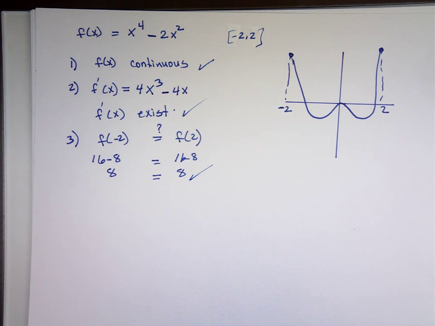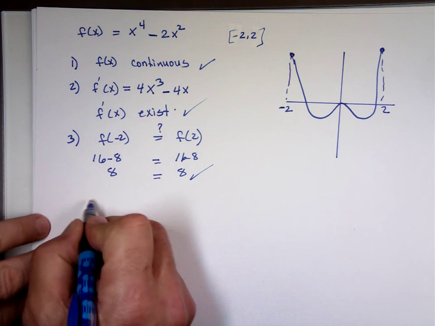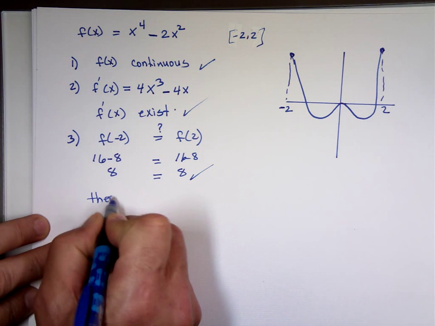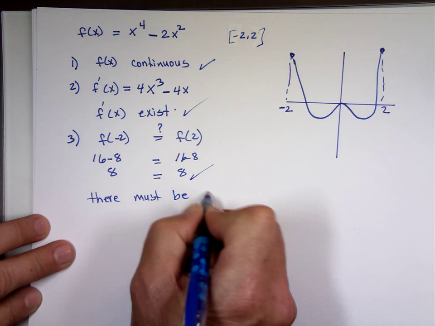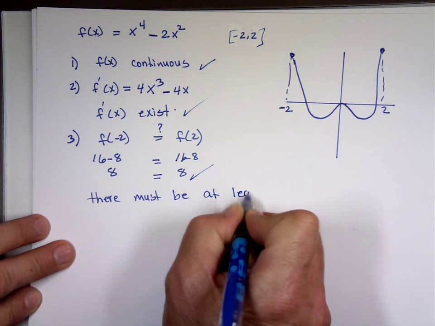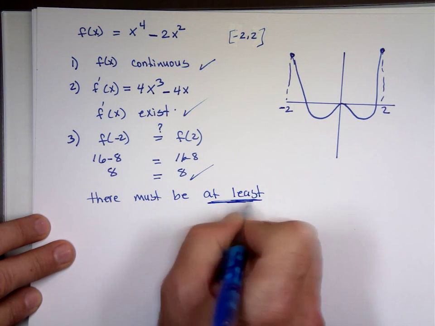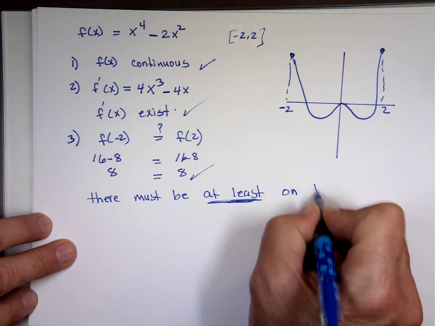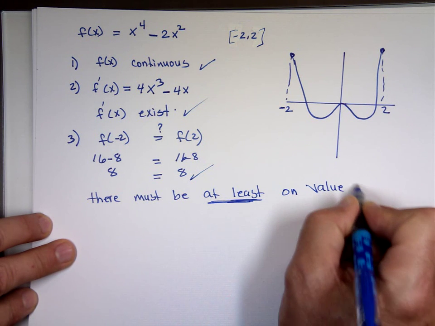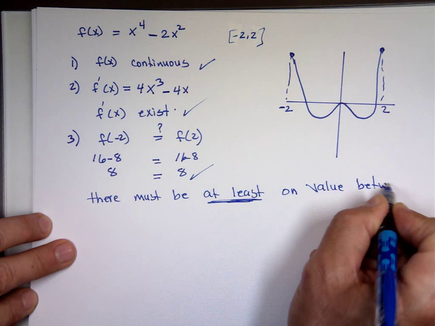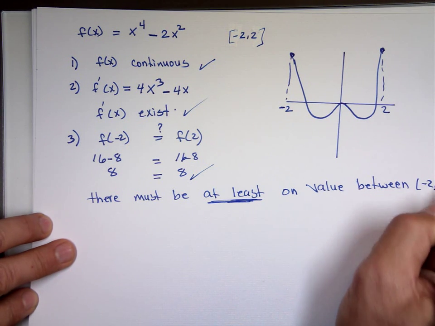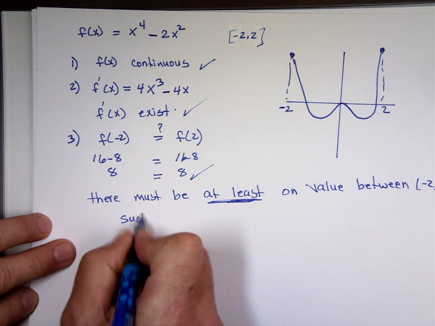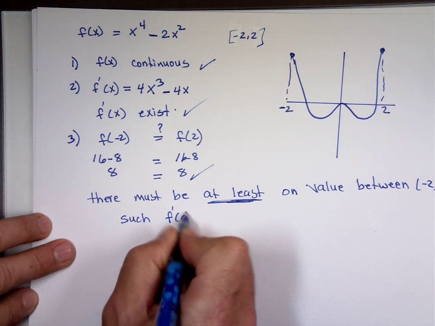So since the three conditions are good, what they're saying is there must be at least one, could be more than one, value between negative 2 and 2 such that the derivative at that point is equal to 0.